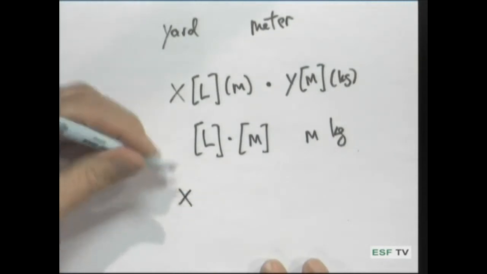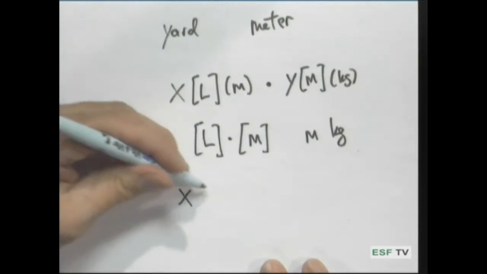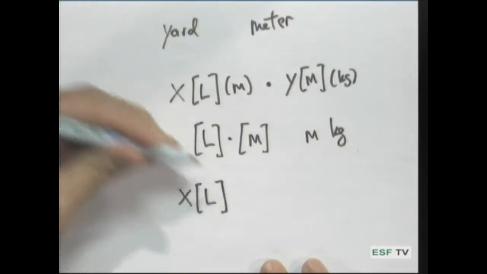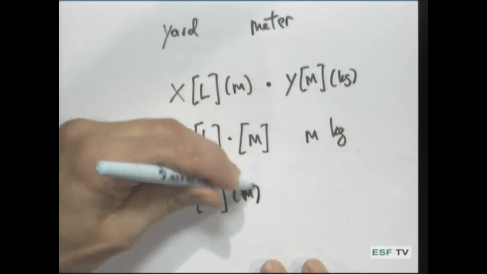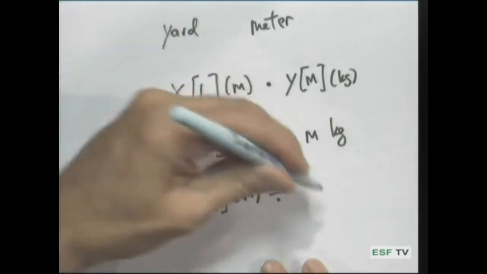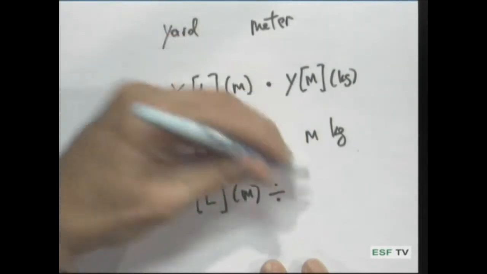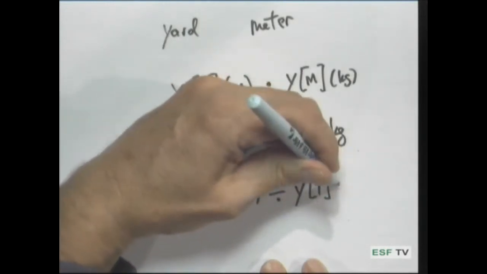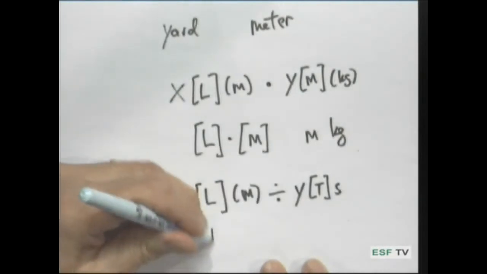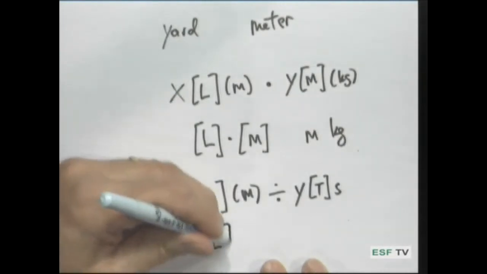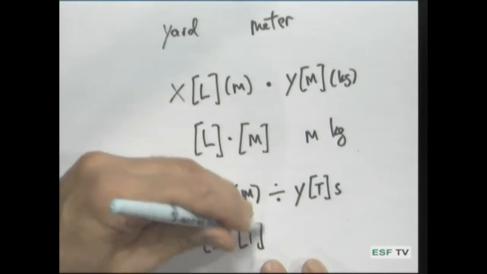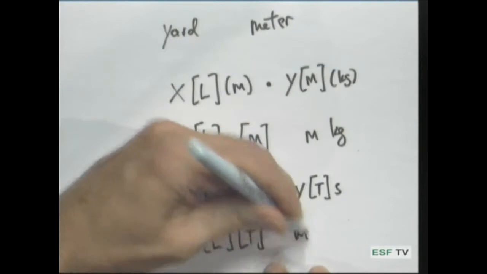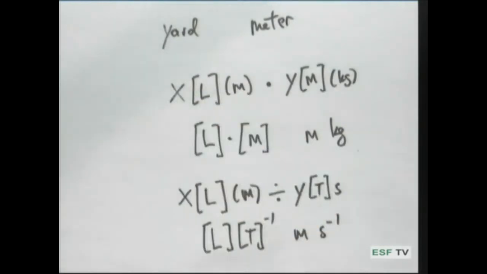You can also divide units just as you do dimensions. So for example, if you have a length measured in meters, you can divide that by a time, quantity y, that is a time measured in seconds, and what you'll end up with is something that has dimensions of length times time to the minus 1, or units of meters per second, or meters times seconds to the minus 1.